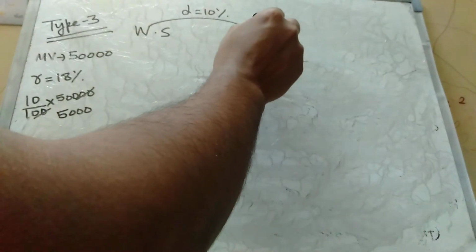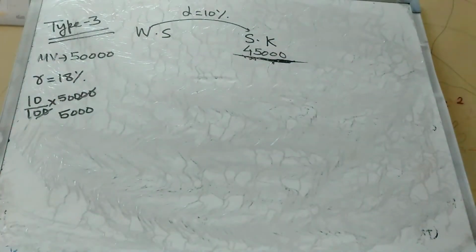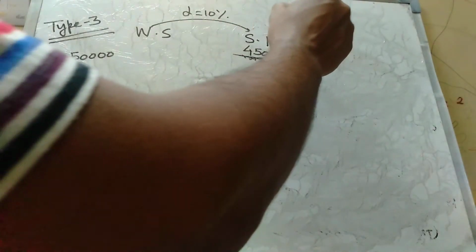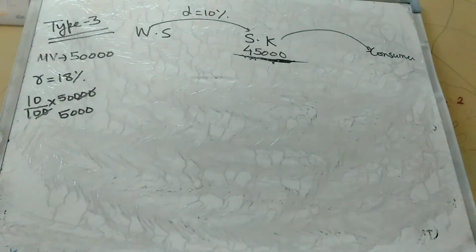So the shopkeeper gets the article for rupees 45,000. Now the shopkeeper sells the article to the consumer at 4% above the mark price.